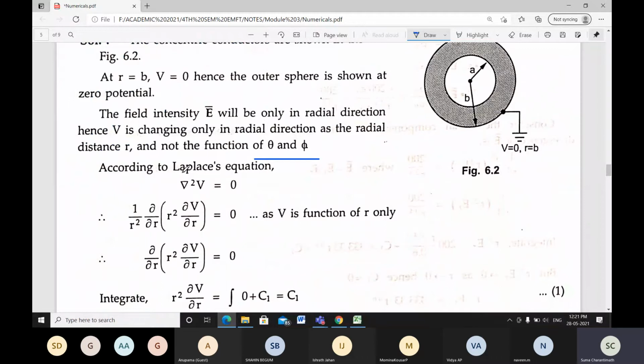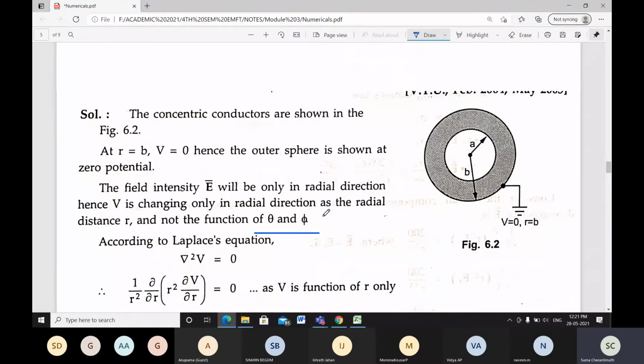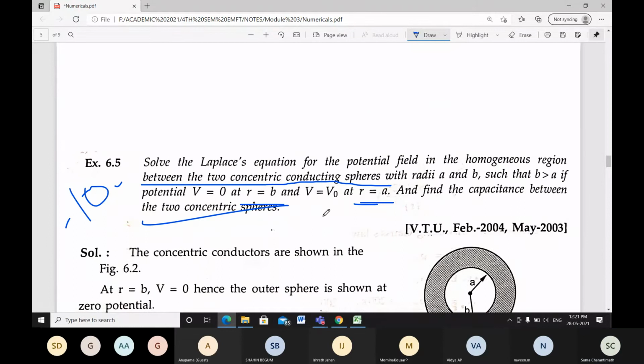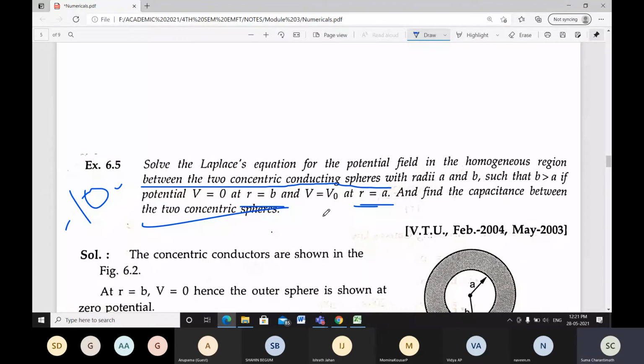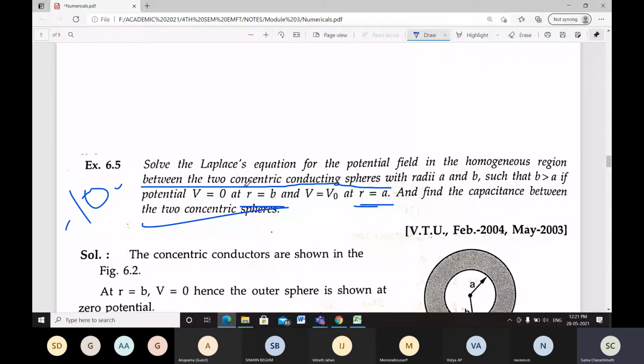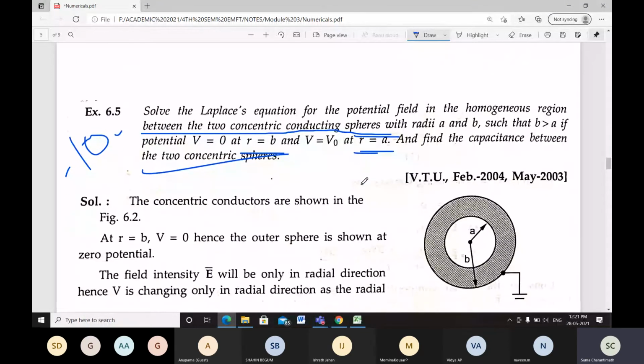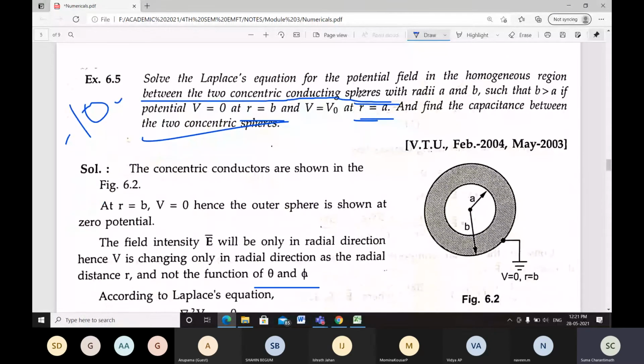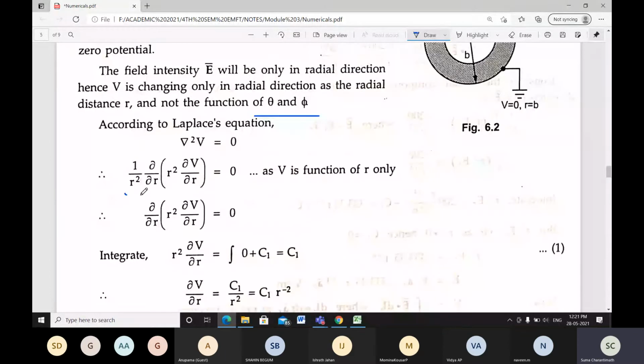Then, according to the Laplace equation, we know that del square of V is going to be equal to 0. Here the function is given in the spherical coordinate system, so that equation you have to take. 1 by r square, dou by dou r of r square dou V by dou r, is going to be equal to 0, as V is a function of r only.